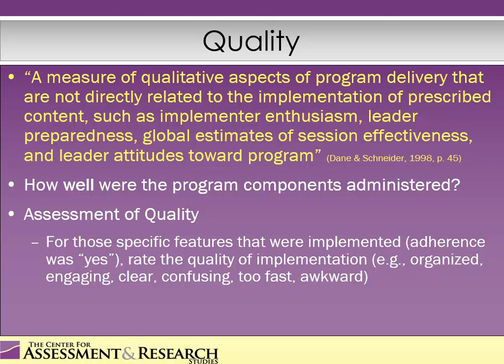To assess quality, we focus on those specific program features or aspects that were actually implemented. That is, those features for which you indicated yes to the adherence question. When we rate the quality of delivery or implementation, we usually use a Likert scale ranging from 1, meaning low or confusing quality, to 5, meaning high or clear quality.